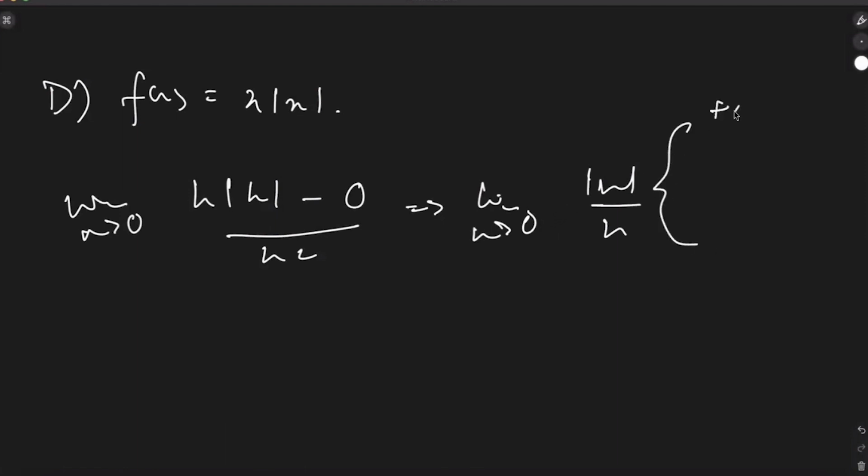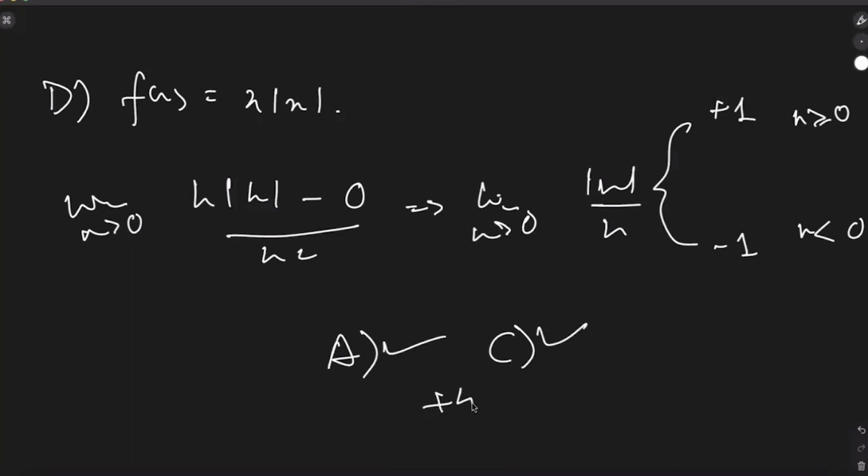It can be +1 and it can be -1. +1 where h is greater than 0, and -1 for h being less than 0. For h being equal to 0, there will be a different concept. So option D is also not correct. So we have found the solution. A is correct and C is correct. If you have marked this, +4.